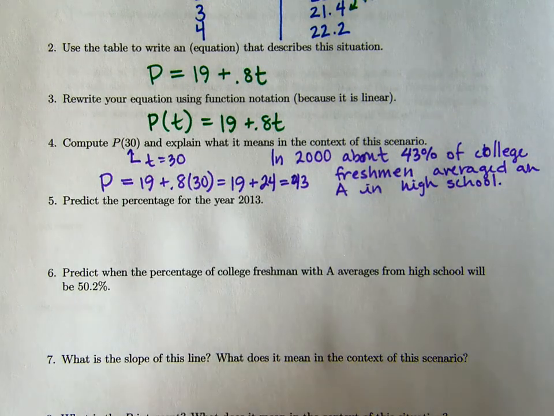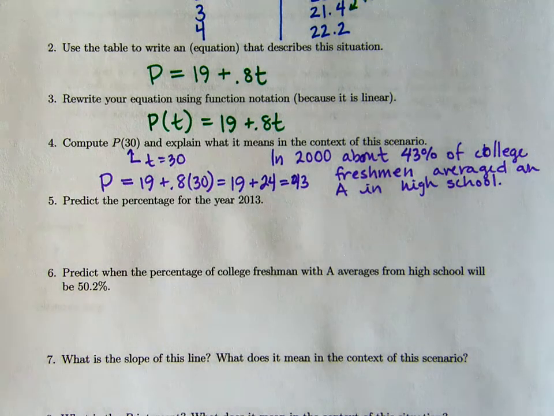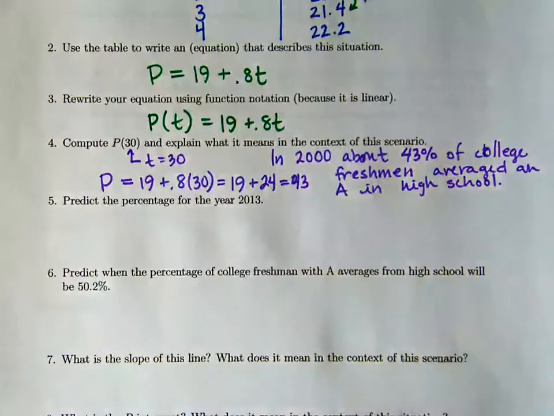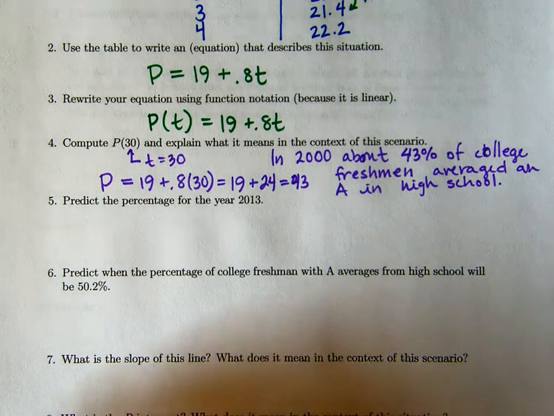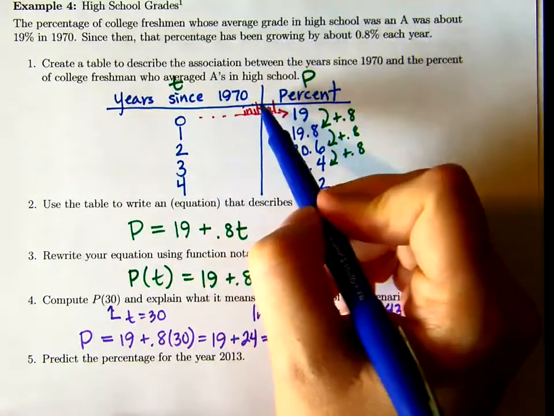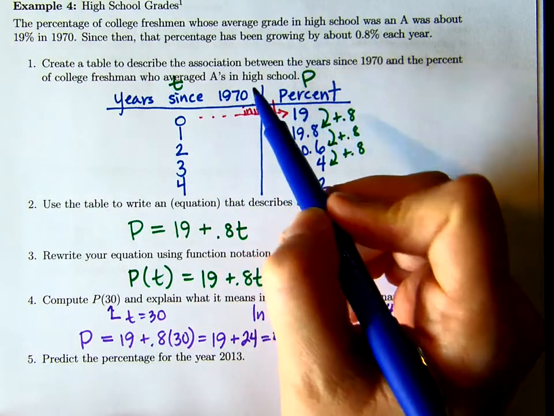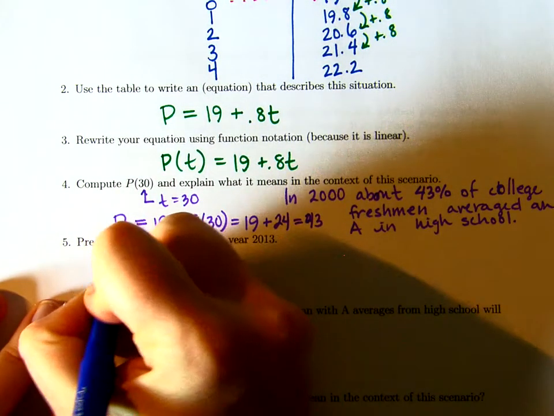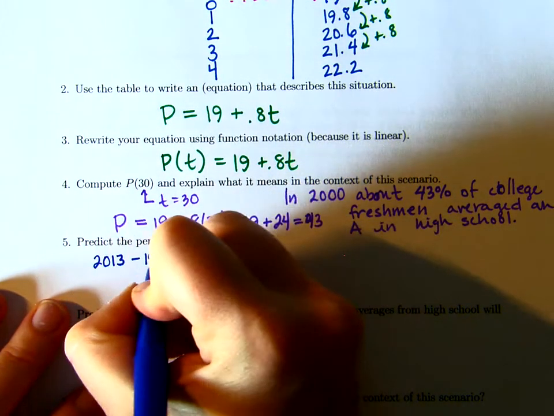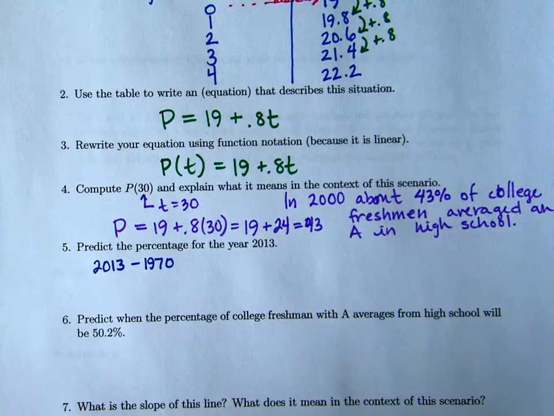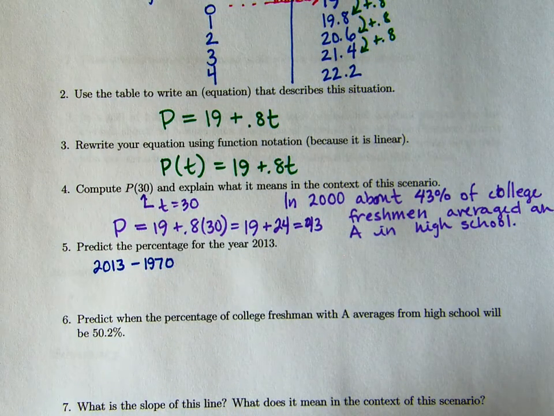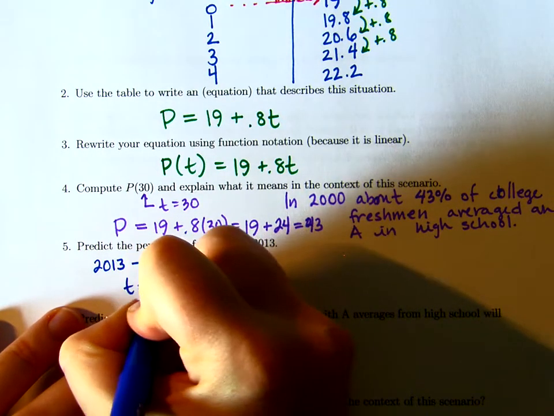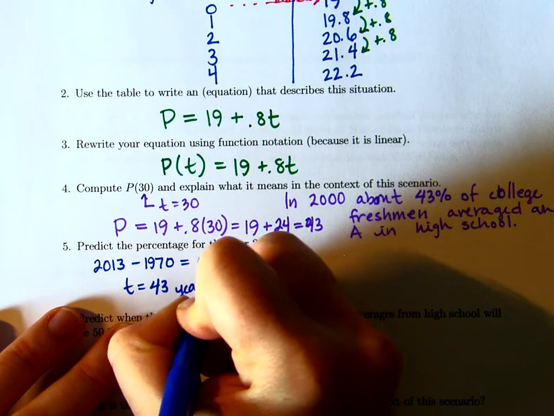Predict the percentage for the year 2013. Right. So then we're going to have to figure out our T. T is years since 1970. So, 2013. What's the difference between that and 1970? Well, I think that's 43 years. So T equals 43 years.